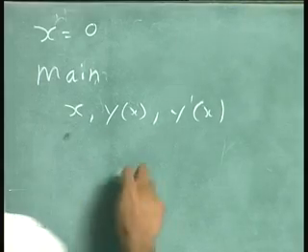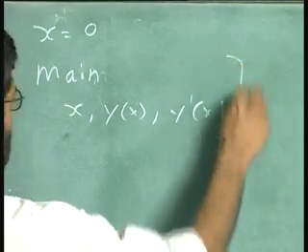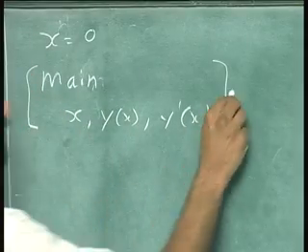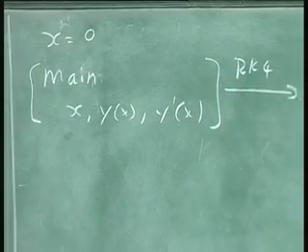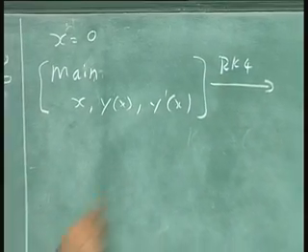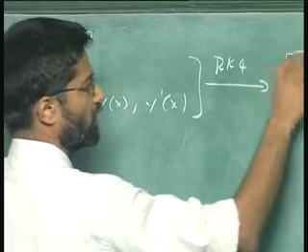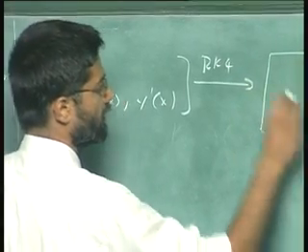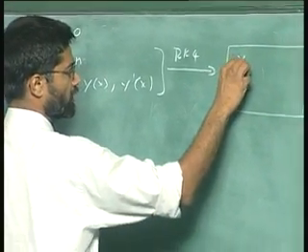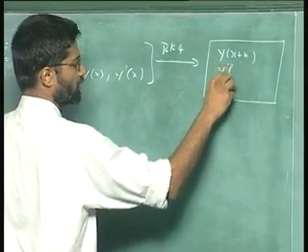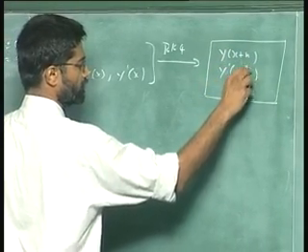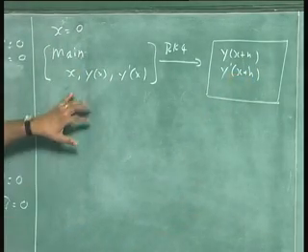It is going to call, from this main program, Runge Kutta 4, which I call RK4. This program would calculate y at x plus h and y prime at x plus h, given this.